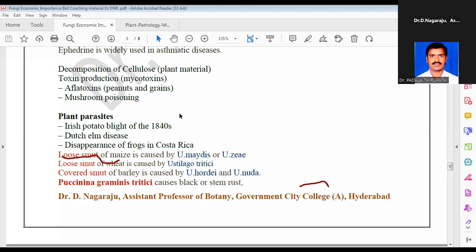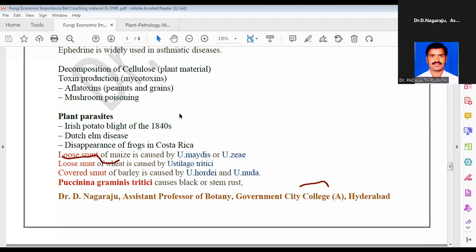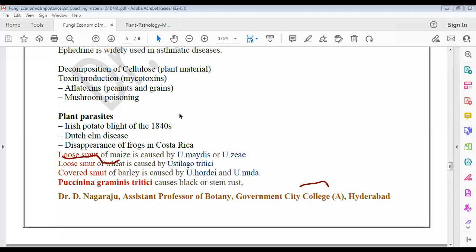One of the great famines, the Ireland famine in 1845-46. Ireland famine is caused by Phytophthora infestans. Late blight of potato is caused by Phytophthora infestans. You should remember it.